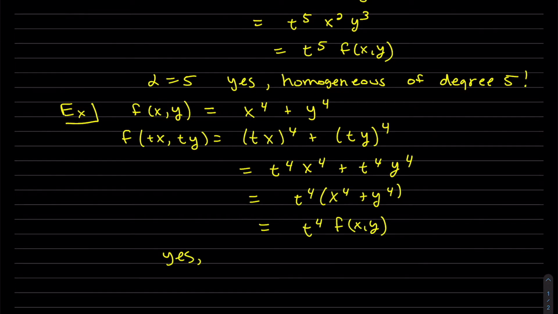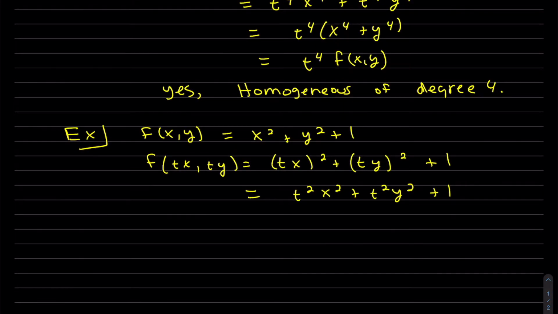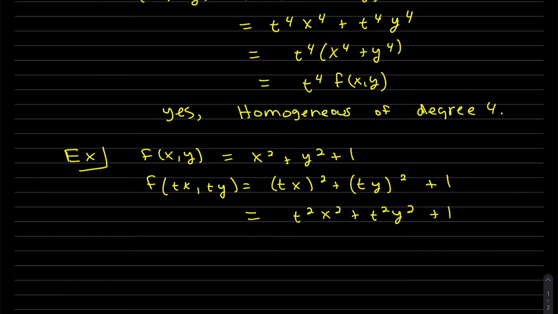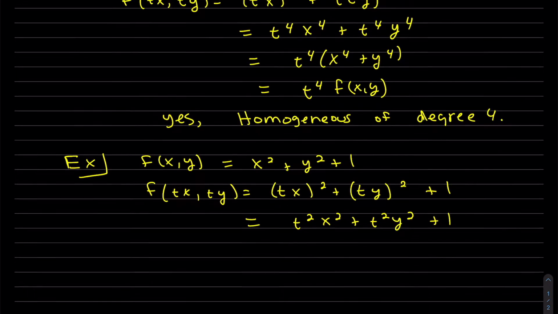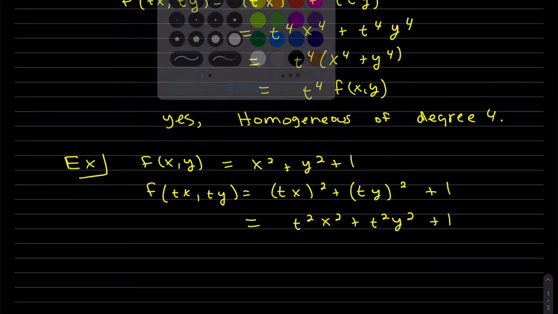So yes, it's homogeneous of degree 4. We plug in, same thing for the next one. We can't exactly factor out a t squared from everything and be left with f of x, y. So this one is not homogeneous.